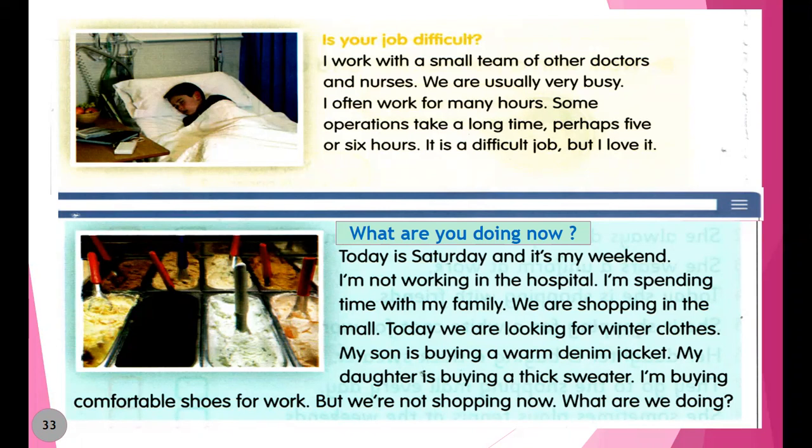I'm not working. am مع فعل ing working. I'm spending time with my family. This is affirmative. استخدمت helping verb am وضفت ing للفعل spending time. We are shopping in the mall or even here we use are مع الفعل ضفنا له ing shopping.